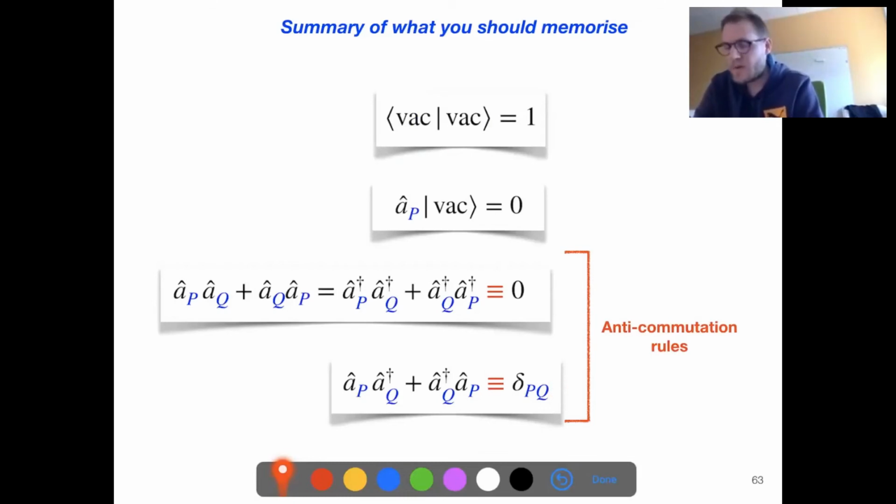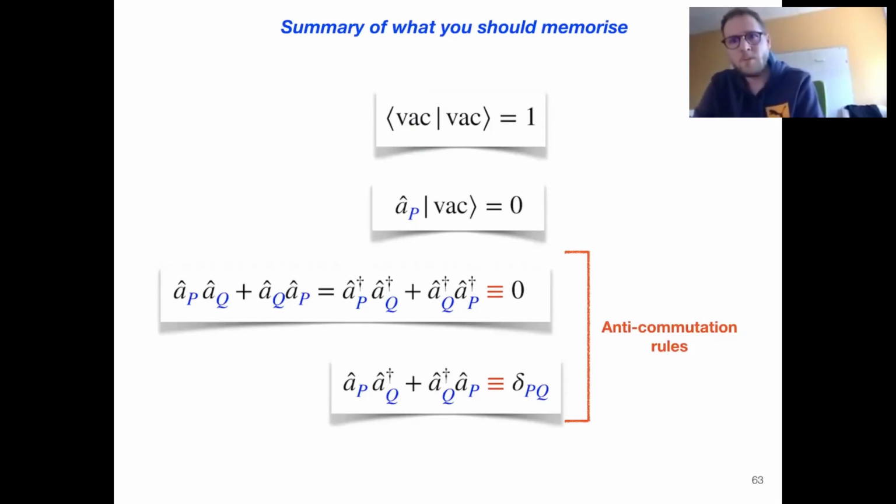So this means that you cannot remove what has not been created, but also this delta_pq here is immediately connected to the fact that you have an orthonormal basis of spin orbitals. So if you ask me what I should know, this is what you should know. If you know this, you're ready to practice.